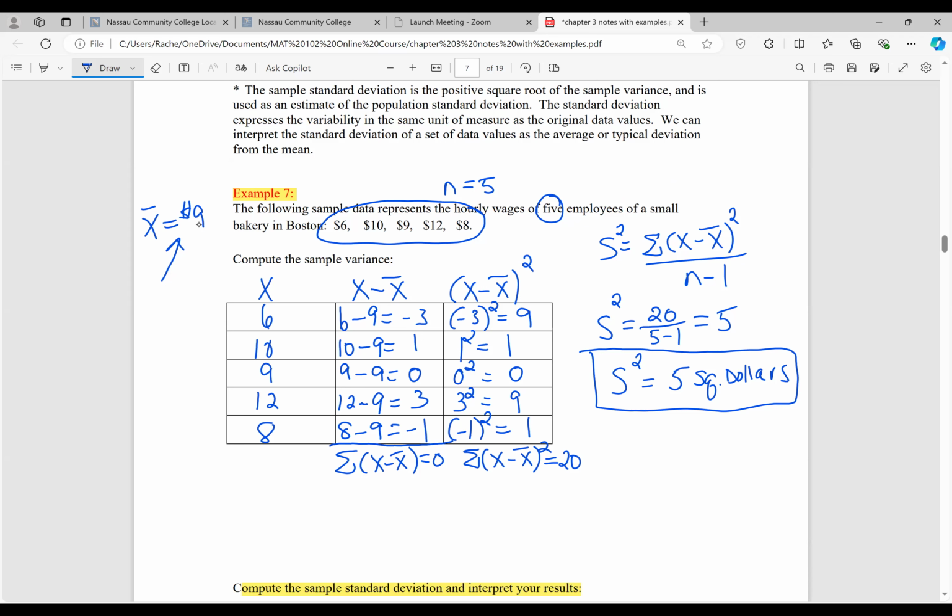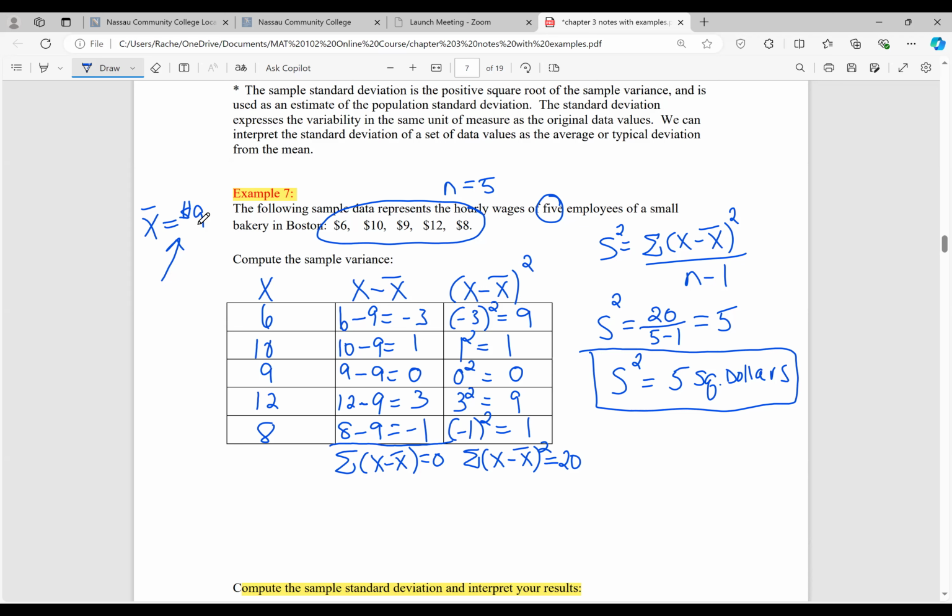So what I want to do now is show you how to get the sample standard deviation and the population standard deviation from the calculator. It's going to be much quicker. So the point is, you don't have to use this formula. I like to introduce this concept using the formula because I want you to see how we use and interpret the formula, and I think it makes sense in the interpretation.